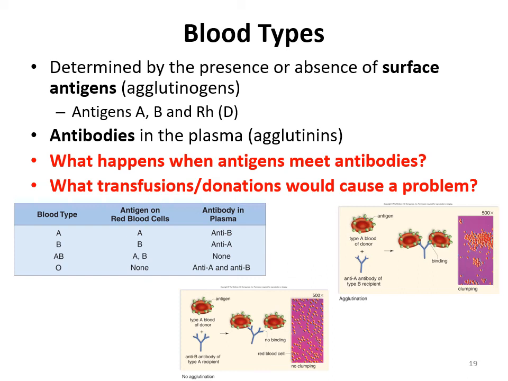Okay? So you will only have antibodies in your body that are anti-invaders. Meaning you will not have antibodies for your own name tags because then your blood would be clumping all the time. You only have antibodies for intruders.